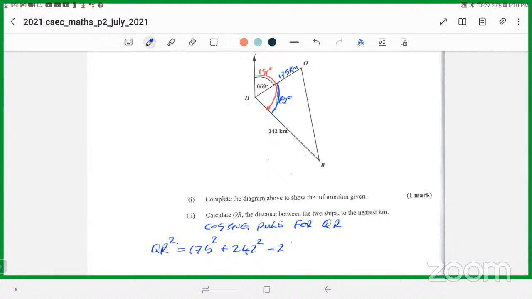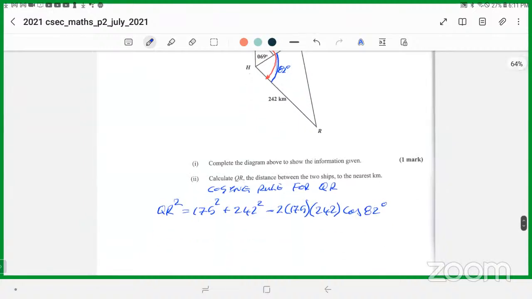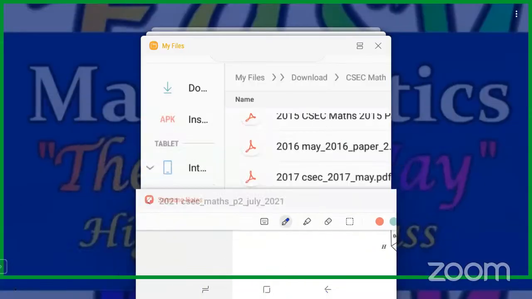You subtract twice 175 times 242 times the cosine of the angle between them, which is 82 degrees. But instead of putting the square on QR, I can leave off the square and put the square root over that, which is what I prefer. And so you eliminate a line. You put that in the calculator and give it to the nearest kilometer, so don't put any decimal on it.